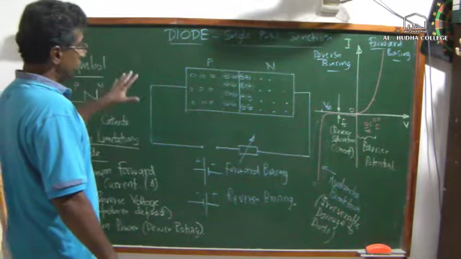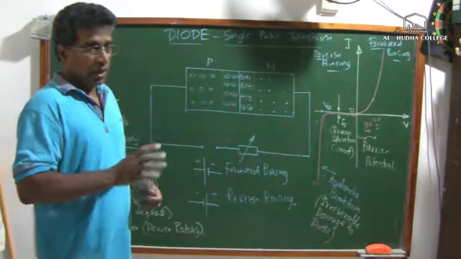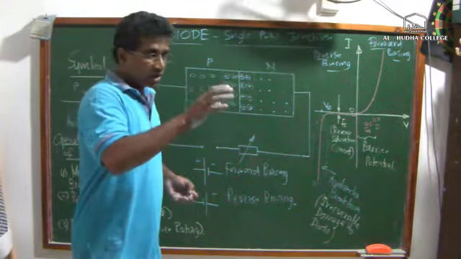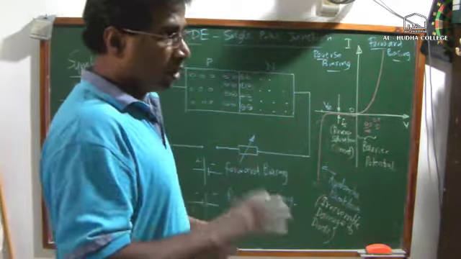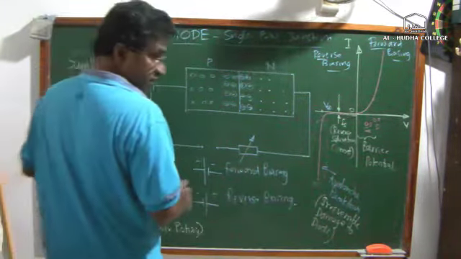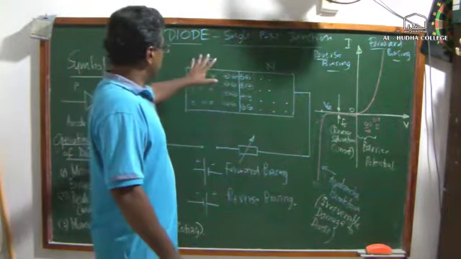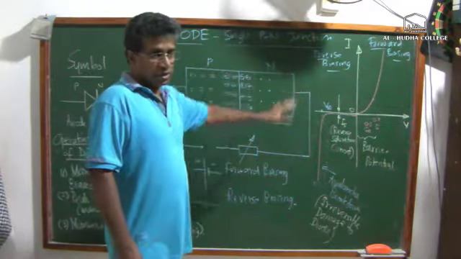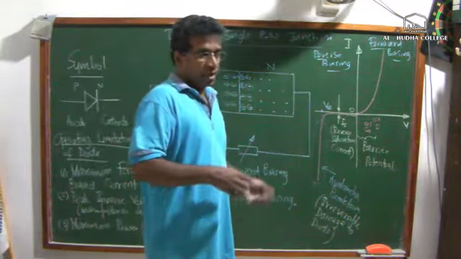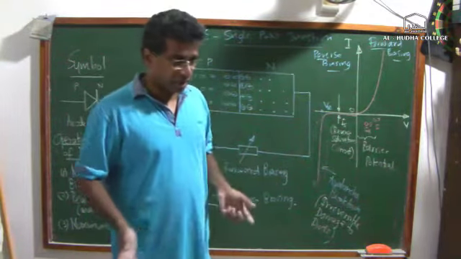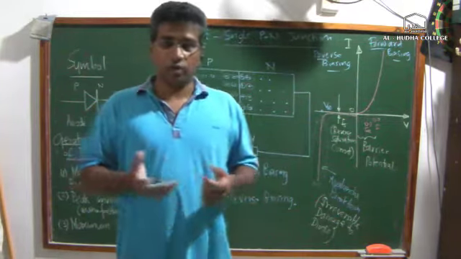Basically, by forming a PN junction, we have created a device that can conduct in the forward bias condition and block current flow in the reverse bias condition, right? P-type and N-type material by themselves don't have this property. P-type can conduct, N-type can conduct. If you apply voltage, it will conduct, whether it's P-type or N-type.